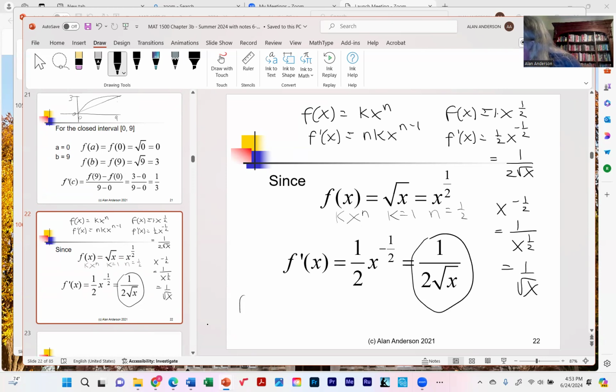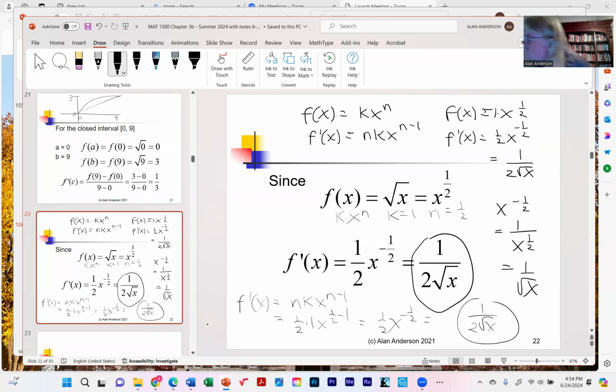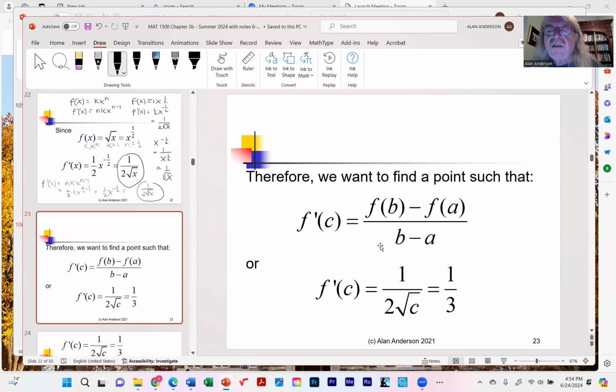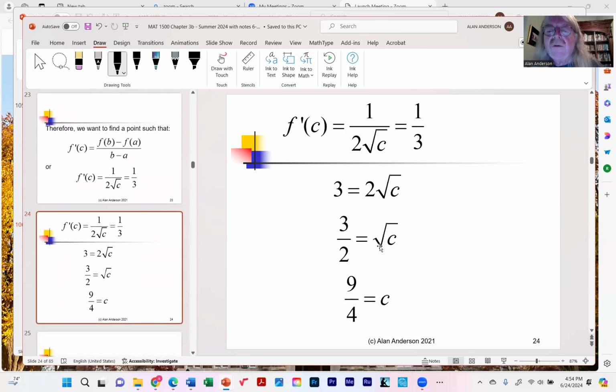So the derivative would therefore be a half times 1 times x to the 1/2 minus 1, or 1/2 x to the minus a half, which could also be written as 1 over 2 radical x. So we're going to set that equal to a third and solve for x. And so we see that this gives us 9/4.